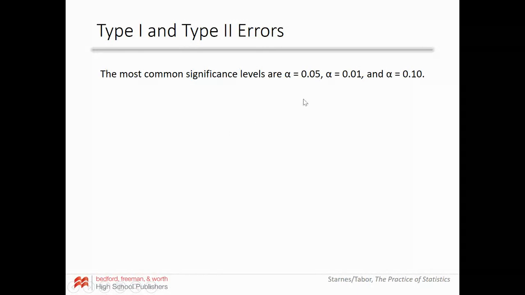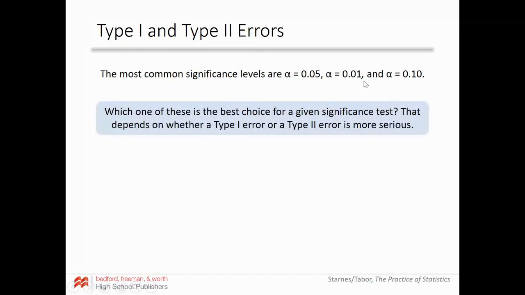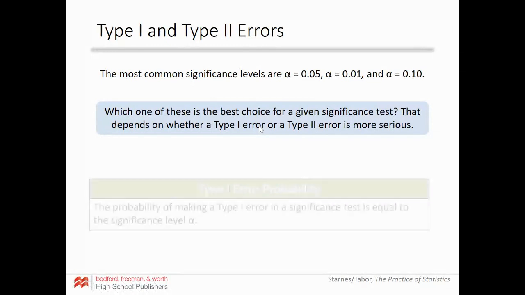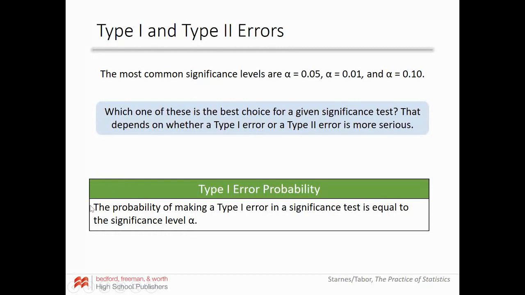So we mentioned that the most common significance levels for alpha are 0.05, 0.01, and 0.1. And which one of these is best for a significance test? Well, that depends on which of the type 1 and type 2 errors is more serious. The probability of making a type 1 error in significance testing is equal to alpha, which makes sense.